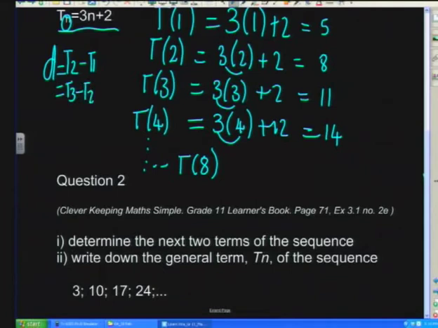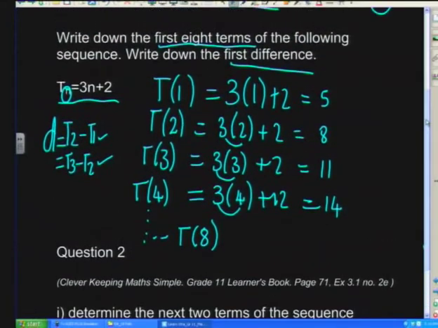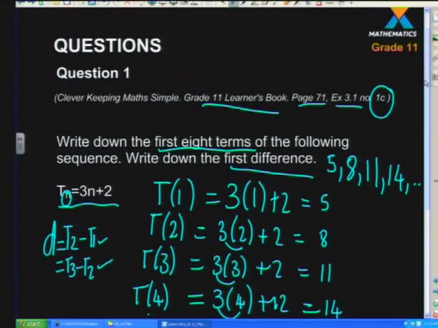That's actually a good way for you to check, because term 2 minus term 1 must give you the same answer as term 3 minus term 2. So once again, if we look at our first 4 terms, we've got 5, 8, 11, and 14. Remember I said you only need to work with 3 of those terms.